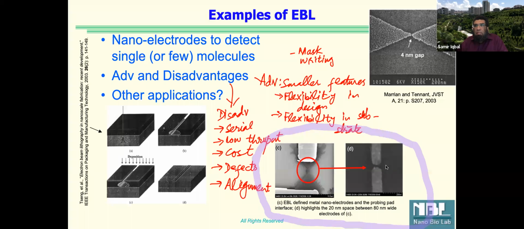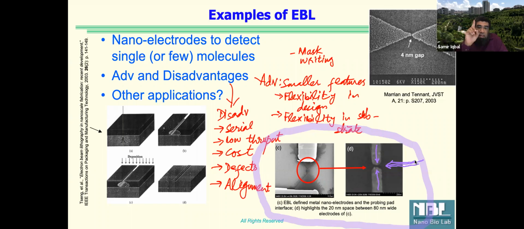This is gold. There are two electrodes of gold coming in, and then there is a break in between, and that's the sensing part. You see my arrows? The middle one, where I'm putting a thicker arrow, is the sensing part, where if you get some very small molecules, think about toxic agents or virus, you can get one virus to sit there and see the conductivity change through the electrodes.